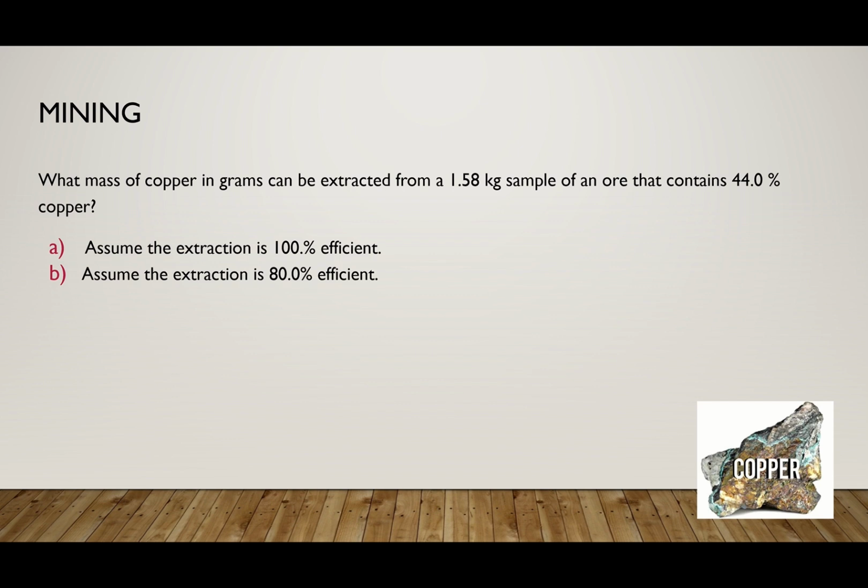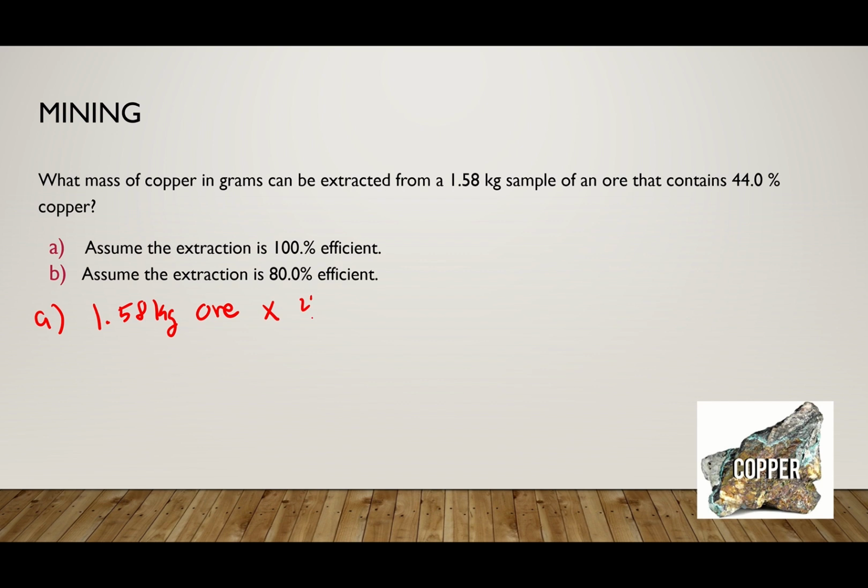Here the work has been done for us, and we already know that copper makes up 44% of the sample by mass. If we're assuming 100% efficiency, that means we're getting the full 44% of this 1.58 kilogram sample. So in part A, we have 1.58 kilograms of ore.